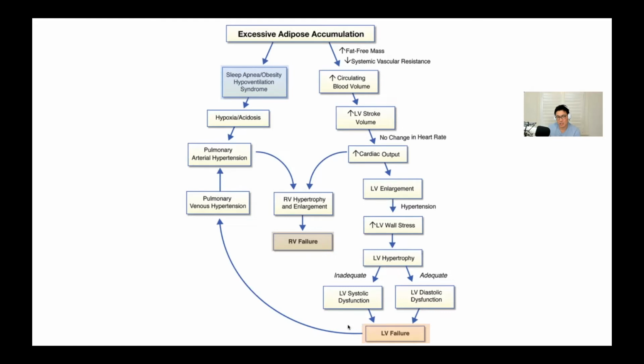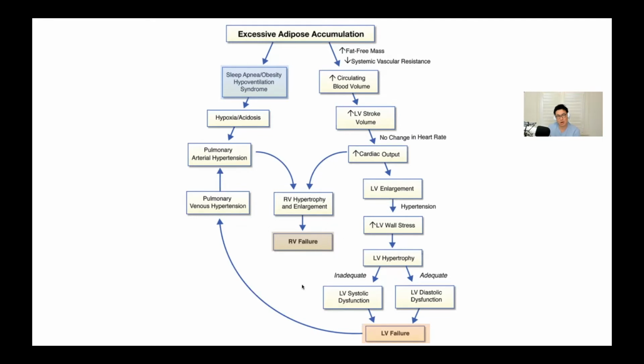Now, left ventricular failure also contributes to pulmonary arterial hypertension. And that leads to, again, right ventricular hypertrophy and right ventricular failure. So again, I've color coded it, this is blue and this is orange. So blue and orange leads to brown.